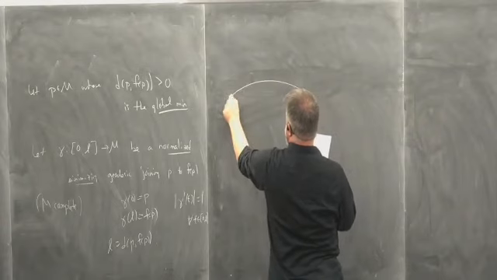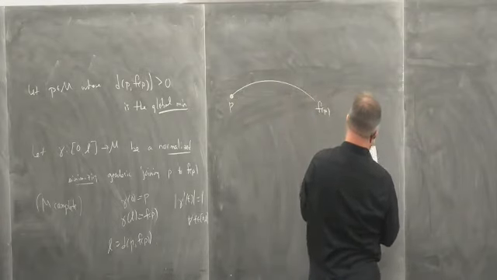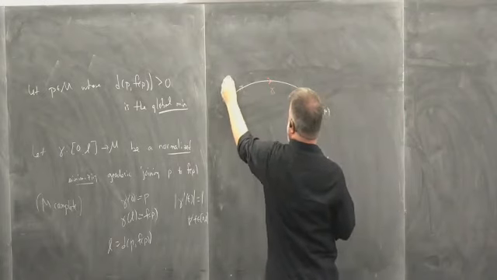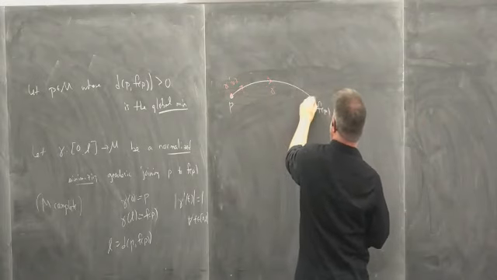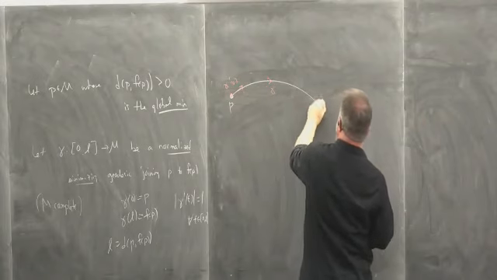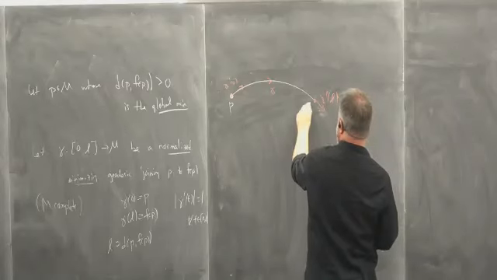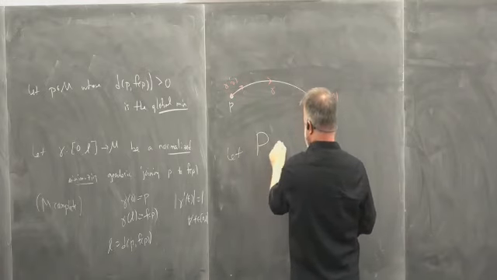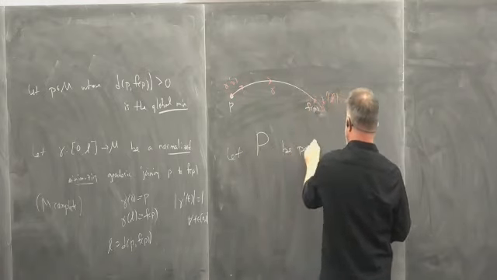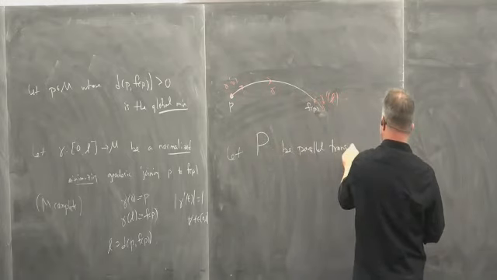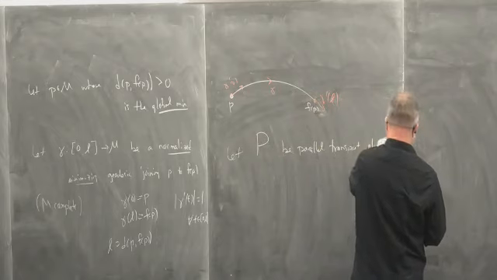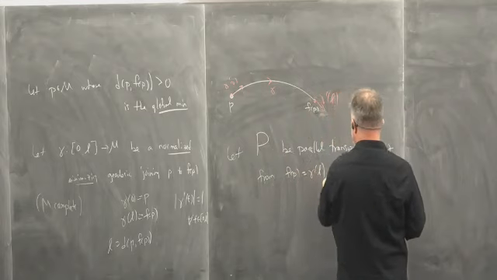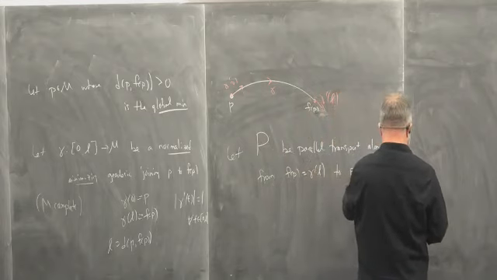So I'm going to draw a picture. There's P, F of P. This is gamma, gamma prime of 0, gamma prime of L. Let's let capital P be parallel transport along gamma from F of P, which is gamma of L, to P, which is gamma of 0.